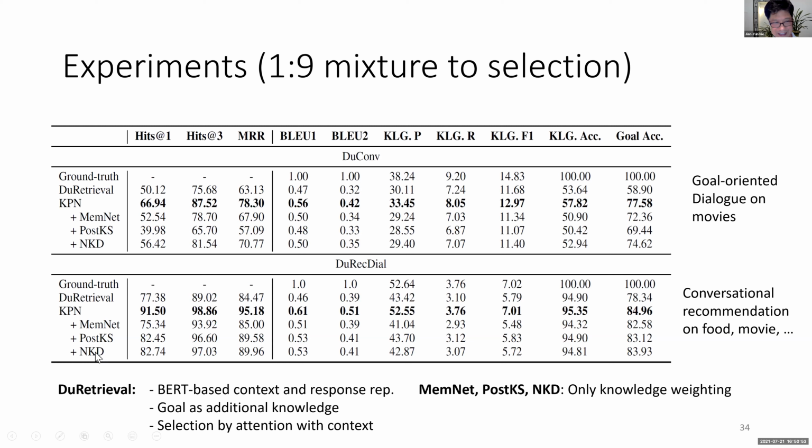And also another one, NKD, uses another approach, but all those approaches only use knowledge weighting. So there is no hard, explicit selection of the knowledge. So we can see that using explicit selection, we can do better.